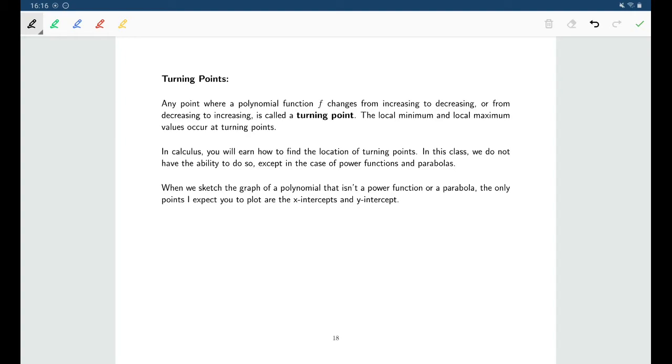It also doesn't necessarily need to be directly in the middle of those two x-intercepts, because we're not talking about parabolas anymore. We're talking about polynomials in general. So unfortunately for us, we're not going to be able to find those turning points. But the upside is that you can't be expected to find those turning points. We just don't have the skills for them yet.